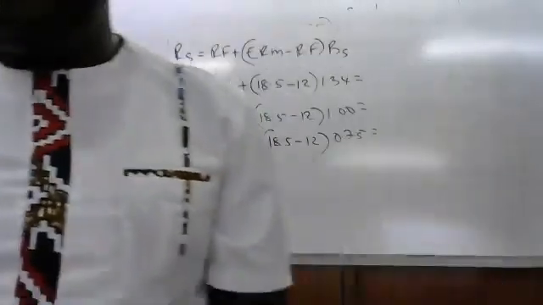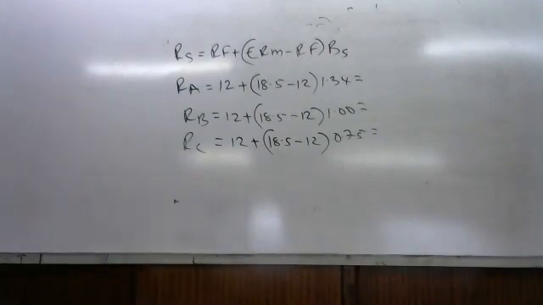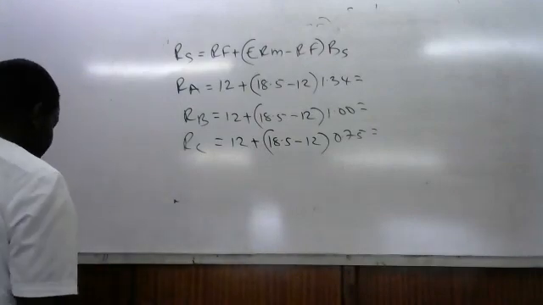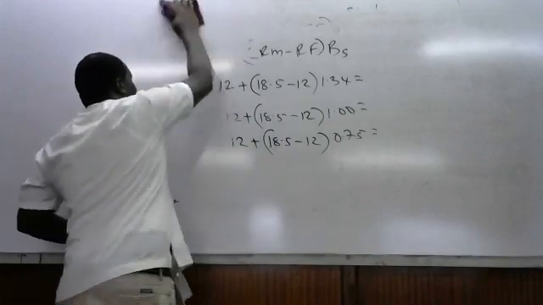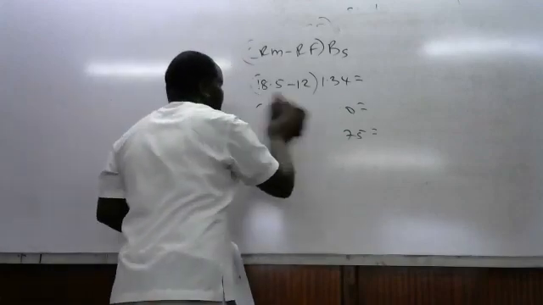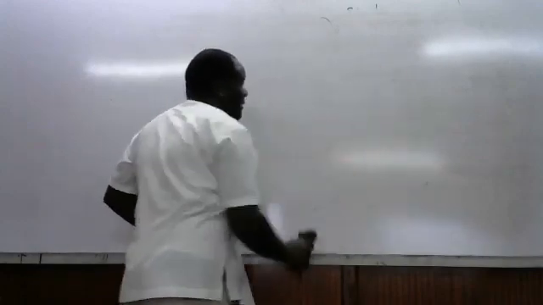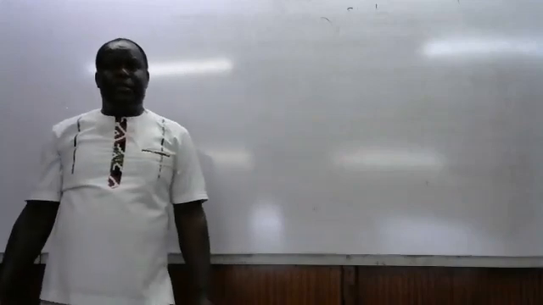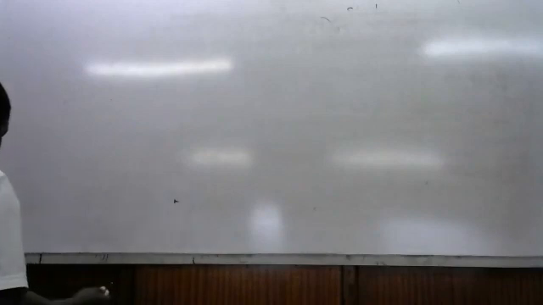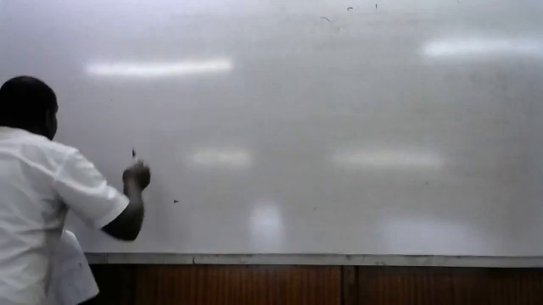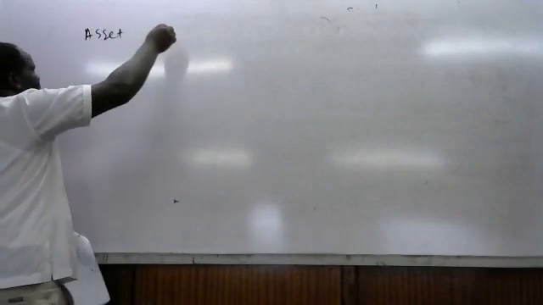So let us now check among those securities which ones are inefficient, efficient, or super efficient, and we shall be able to tell whether to accept them or not. You can have a column for the asset.